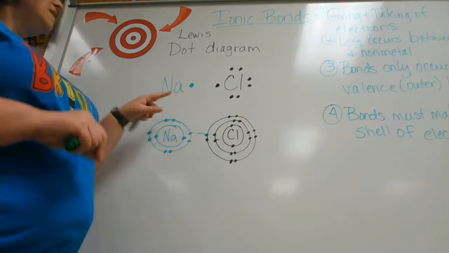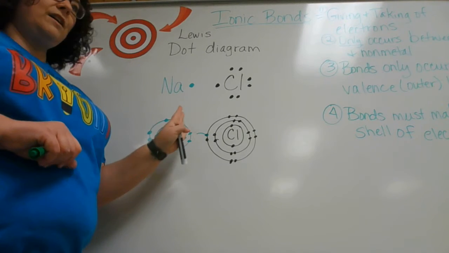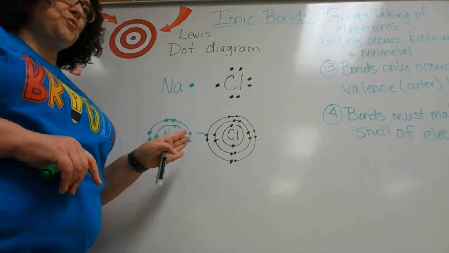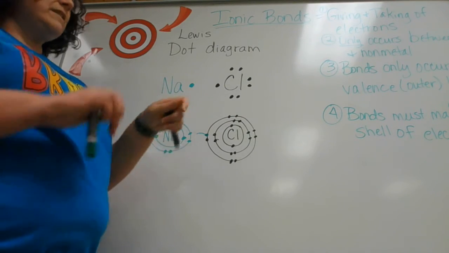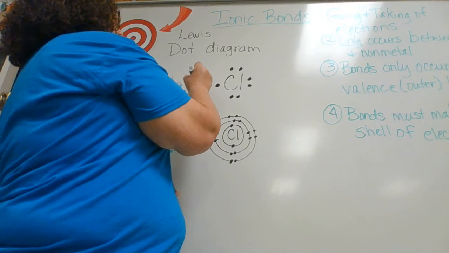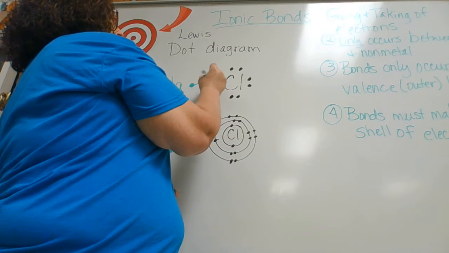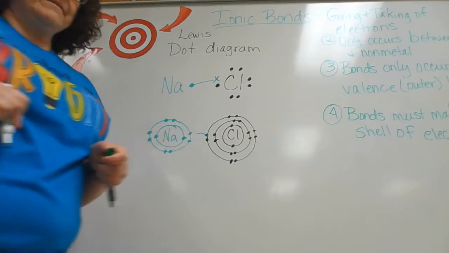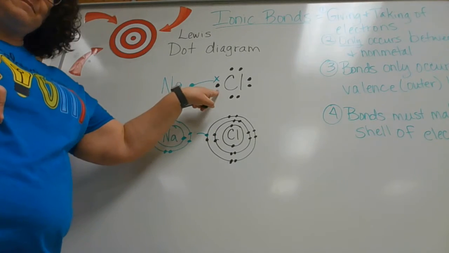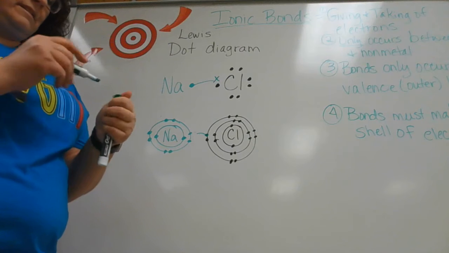Okay, so this is the whole mechanism between it. This is why we do this. So you're going to give 1 electron from sodium to chlorine. So it's going to go and it's going to bond right there where I made that X.